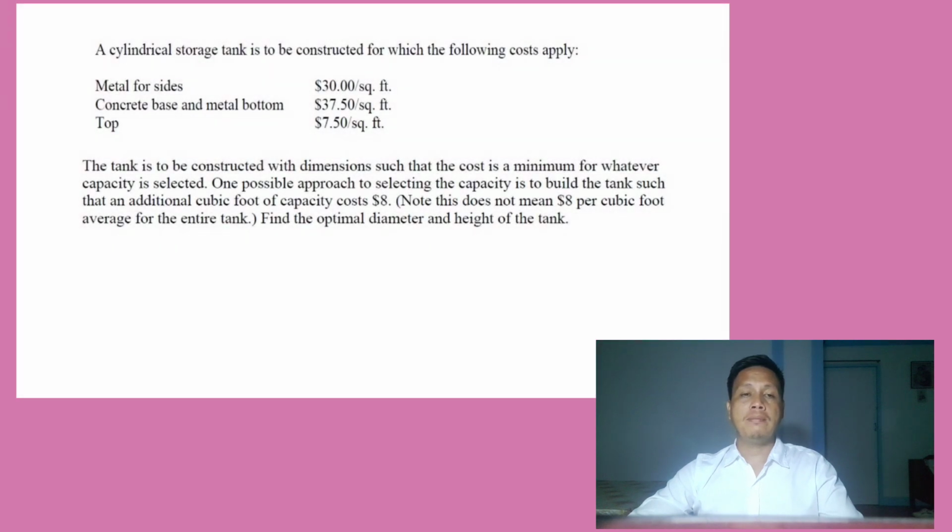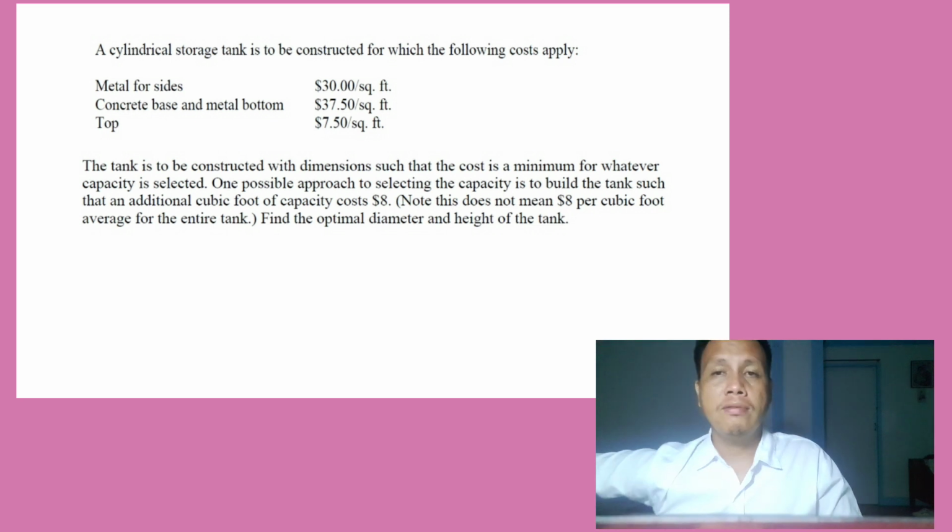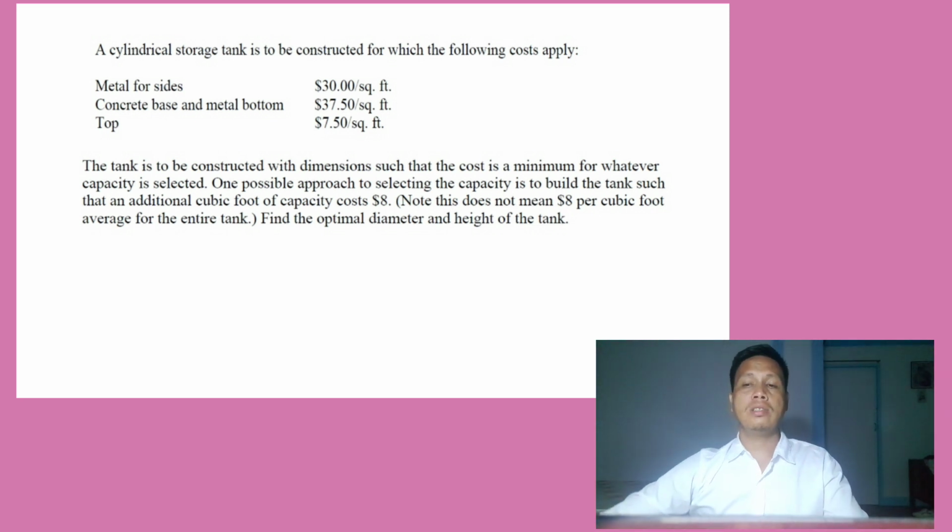So example: a cylindrical storage tank is to be constructed for which the following costs apply. Metal for sides is $30 per square foot, concrete base and metal bottom $37.5 per square foot, top is $7.5 per square foot.